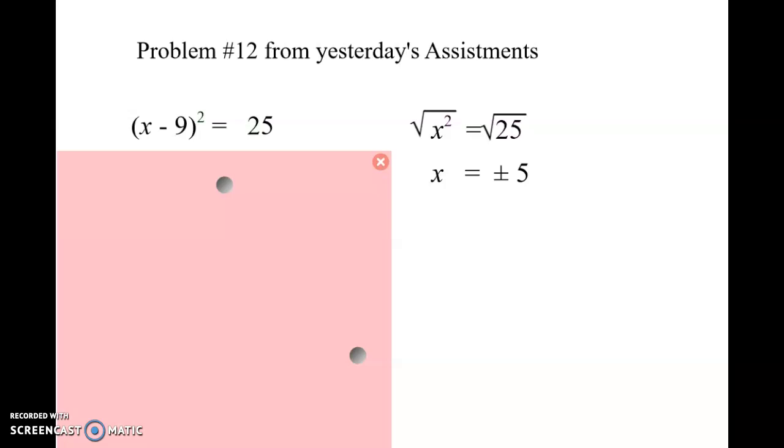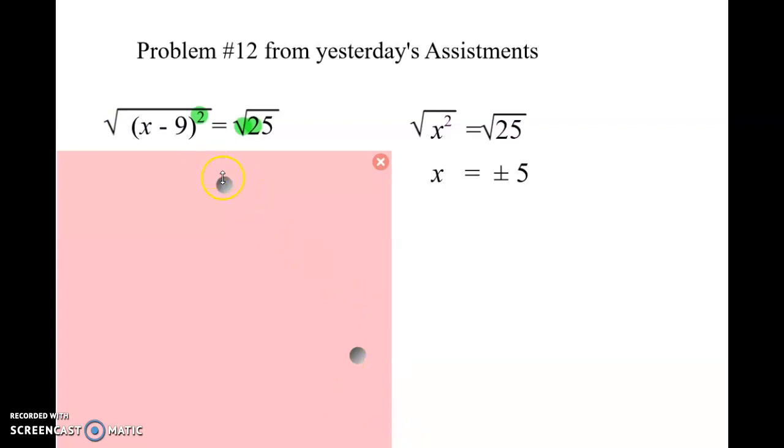So going back over and looking at problem number 12, it's similar because both of those things are squared. I have the 25 squared, and I have the quantity x minus 9 also squared. So I'm going to do the same thing that we did for the problem on the right. We're going to take the square root of both sides.